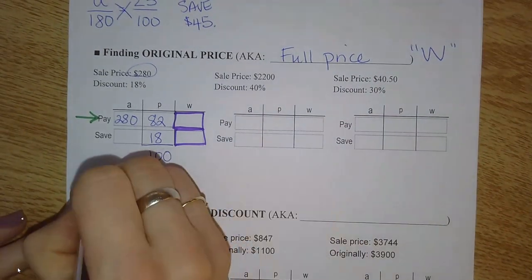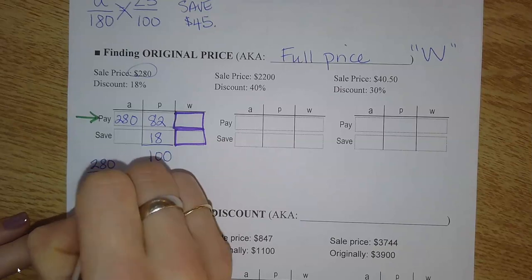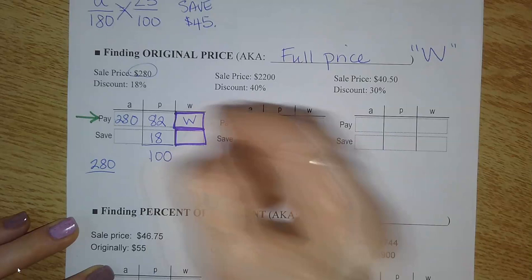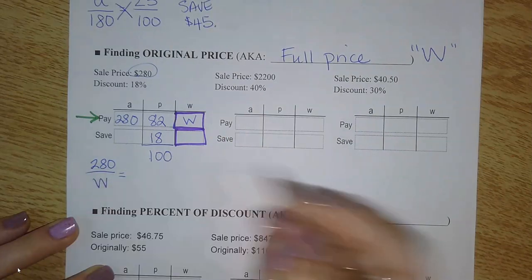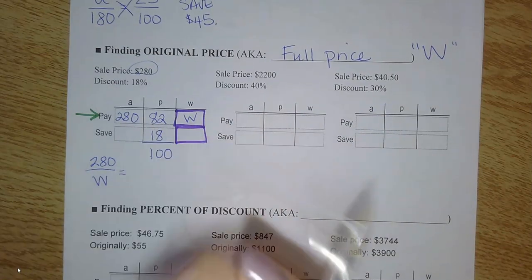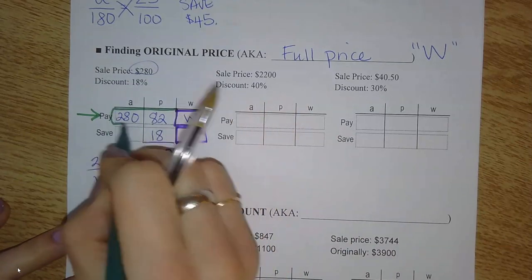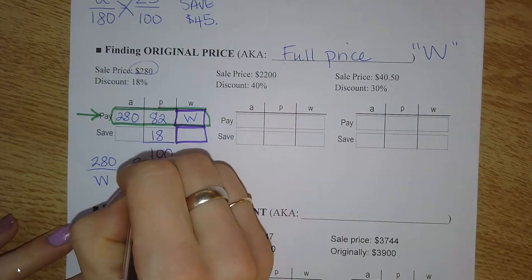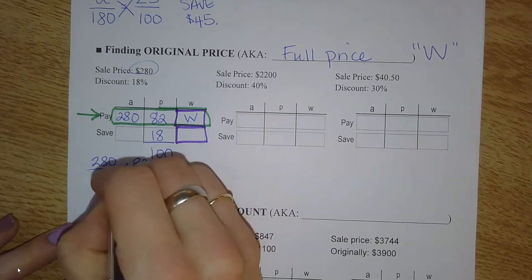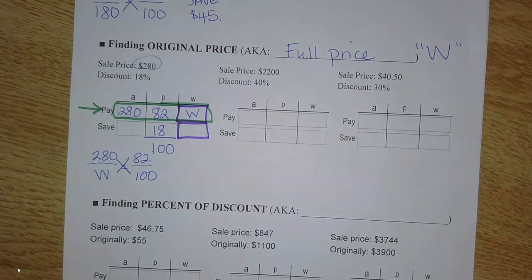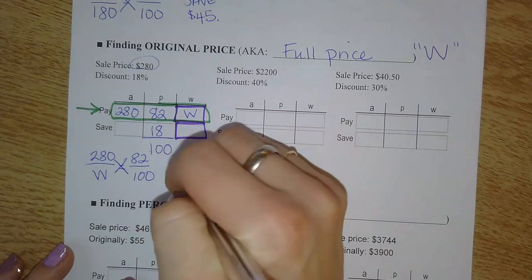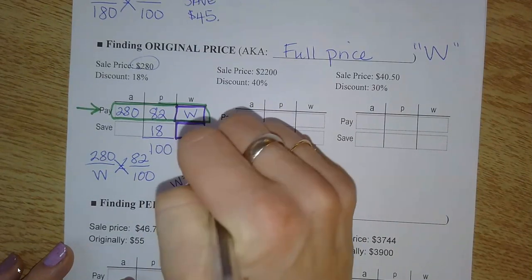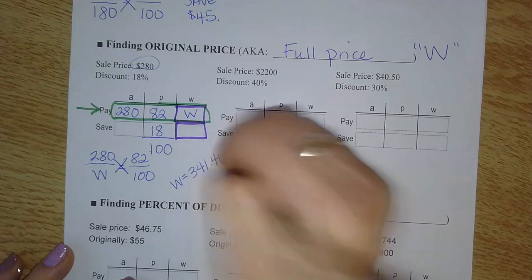Okay, so A, 280 was the sale price, over W, that's what I'm trying to find, equals 82, right? I'm using this top one, equals 82 over 100. Okay, cross multiply it, type it in, check it with me, but I get that W is 341.46.